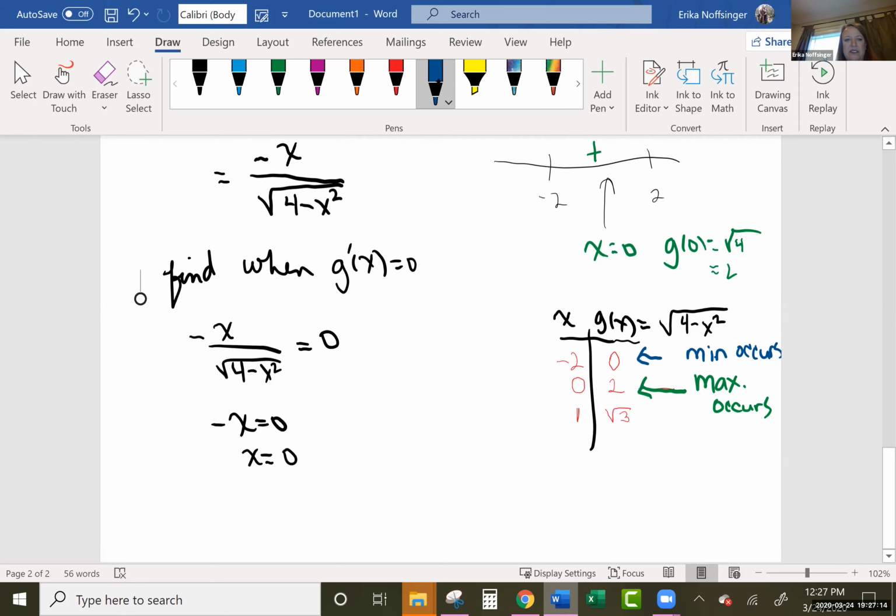So it also asked us to graph it. And we said we had -2 to 1. So x equals -2, we had 0. When x equals 0, we had 2.